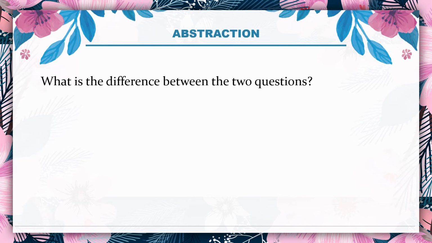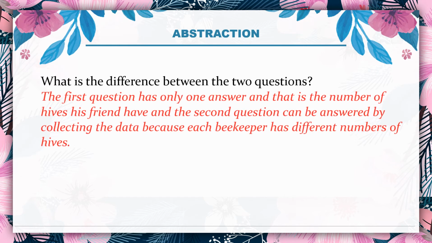What is the difference between the two questions? That's right. The first question has only one answer, and that is the number of hives his friend has. And the second question can be answered by collecting data because each beekeeper has a different number of hives. And the difference really matters.